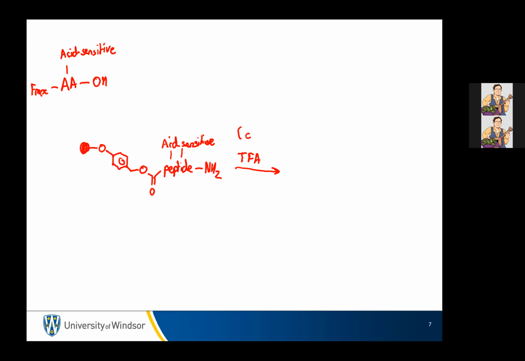I'm pretty sure we have talked about this one before, but just in case. And that is trifluoroacetic acid. And what happens there is all the acid-sensitive groups have been designed to come off with trifluoroacetic acid, so they all cleave. And your ester also cleaves.